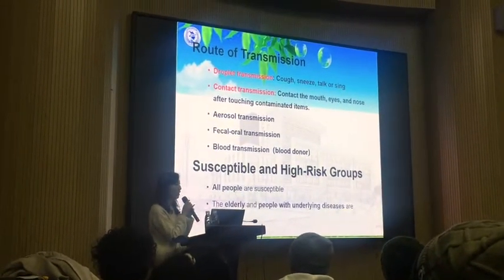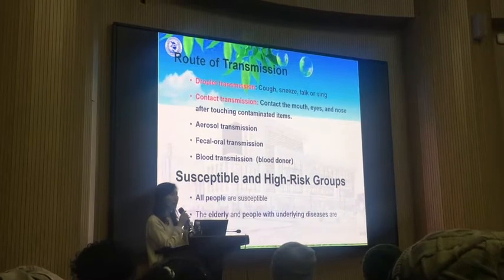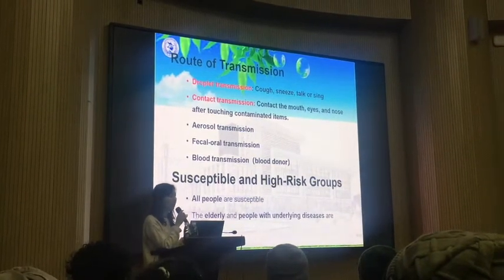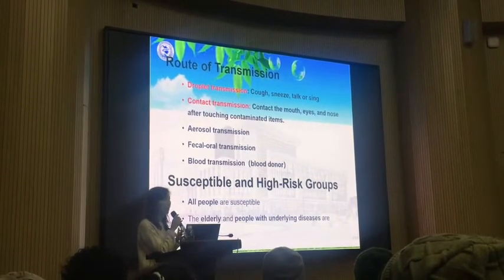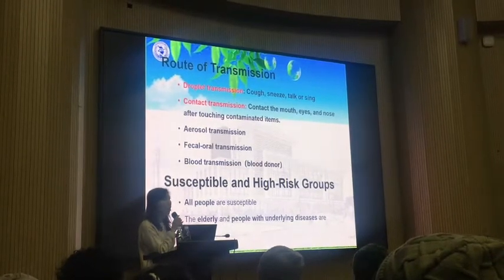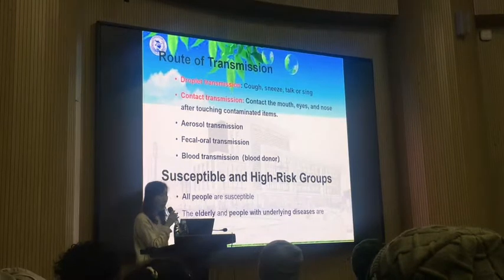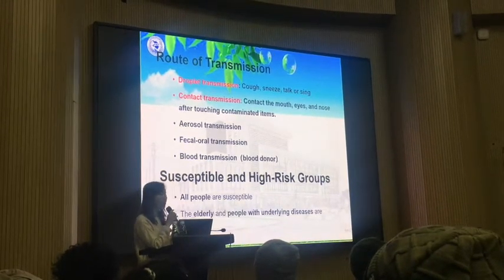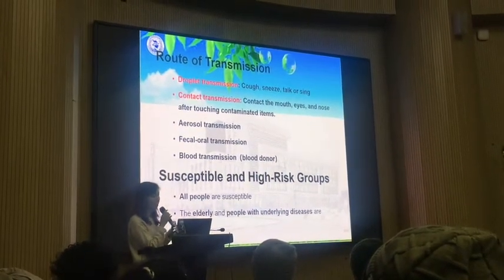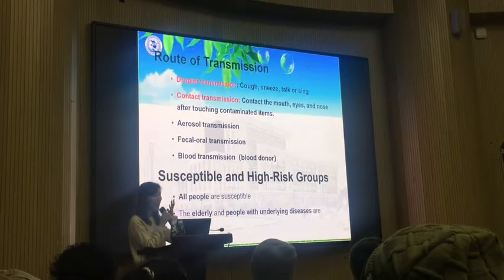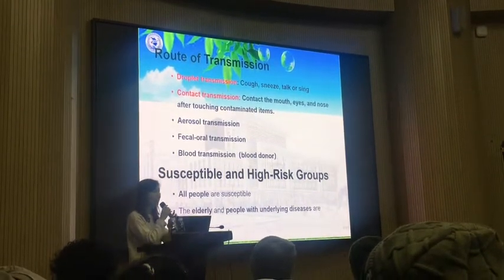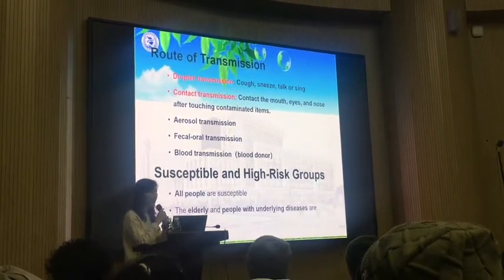And the route of transmission: of course, droplet transmission, such as cough, sneeze, talk, and sing. I think you are very familiar with this. And also contact transmission, including contact with mouth, eyes, and nose after touching contaminated items.